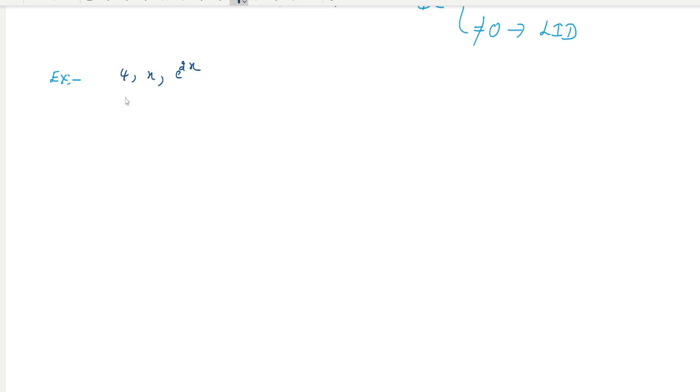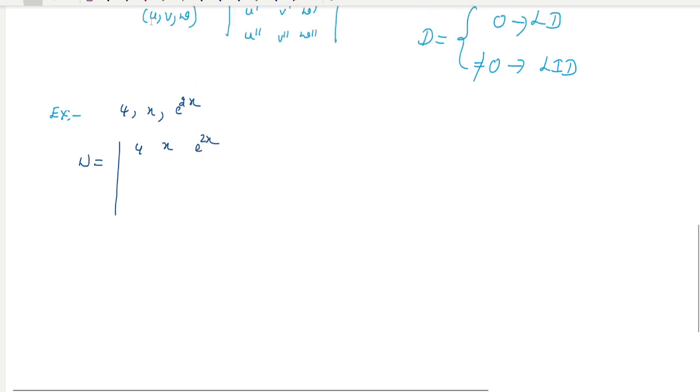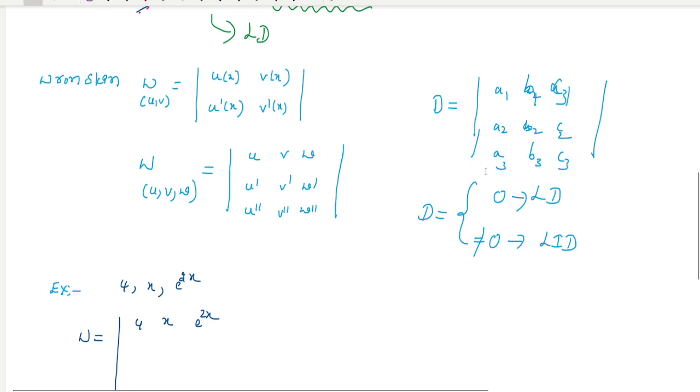Now I want to check whether this is linearly independent or linearly dependent. We write the function W of u, v, w, where u is 4, v is x, and w is e power 2x.